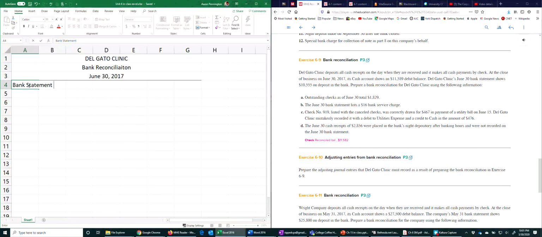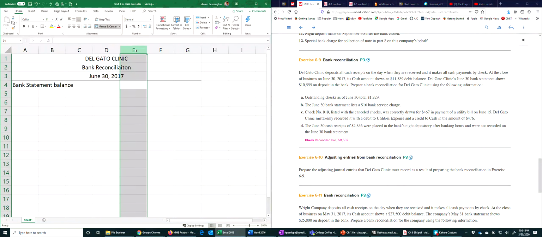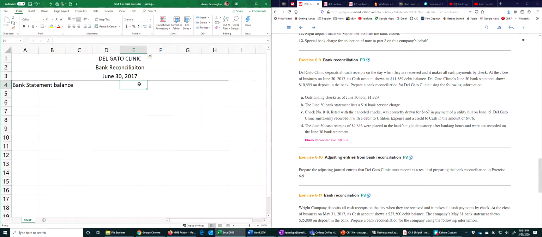So we'll start with the bank statement balance. And then we'll also have the book balance. And of course the book balance is the balance from the accounting records.